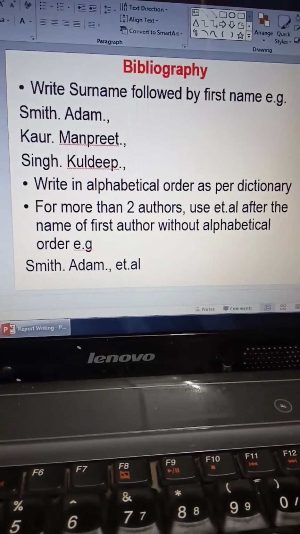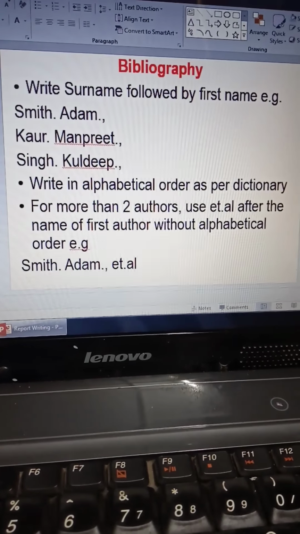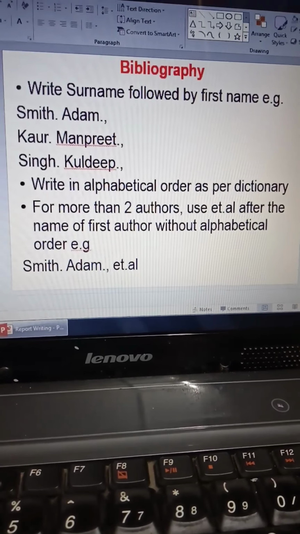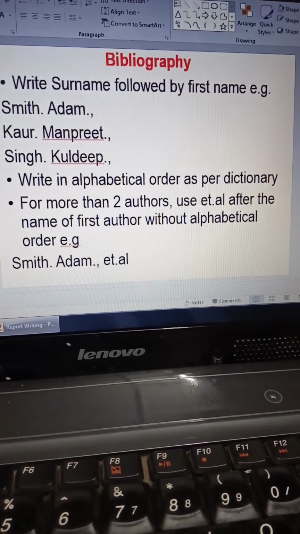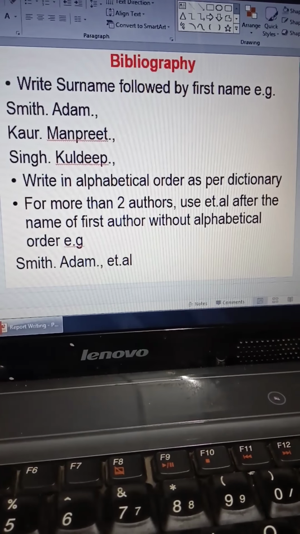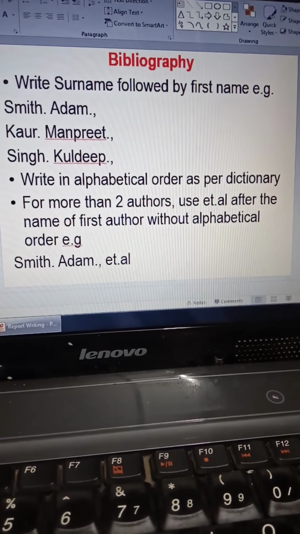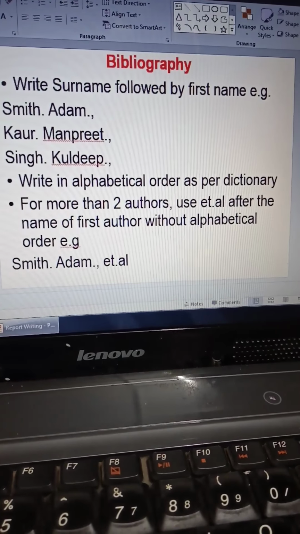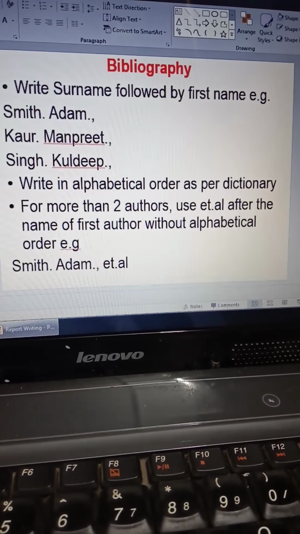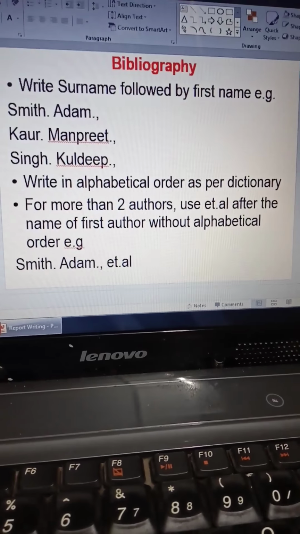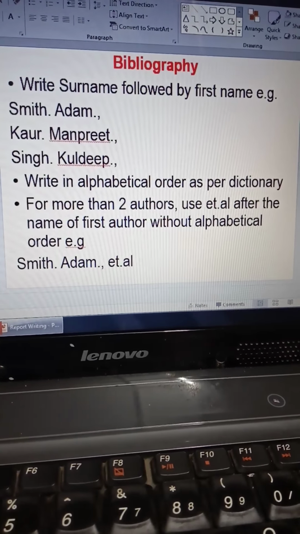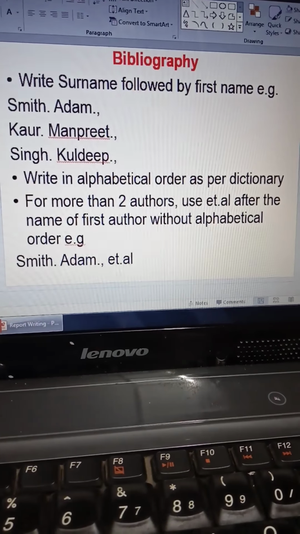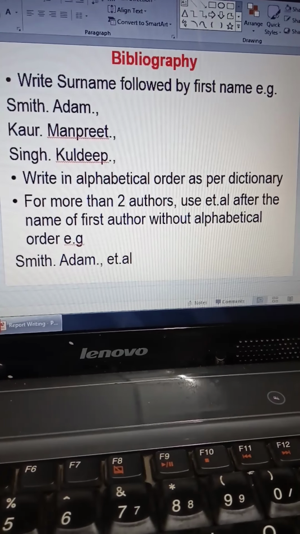Now, why I am mentioning this? This you will have to follow in your writing the bibliography page. All these names are to be written in alphabetical order as per the dictionary standards. Now, for example, if you will have to write Smith, Kaur, and Singh, how will you do it?